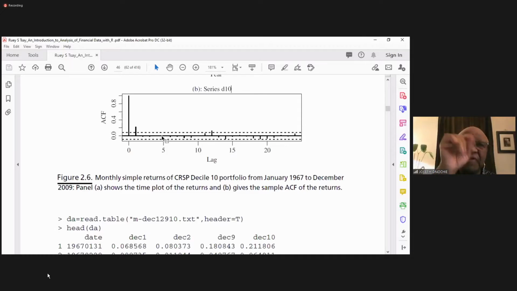The alternative HA, it is not equal to 0. It can be positive, it can be negative. So in other words, lag 12 is positive, different from 0. Another test is we test all of them together. Are they jointly 0? We call that the joint test.